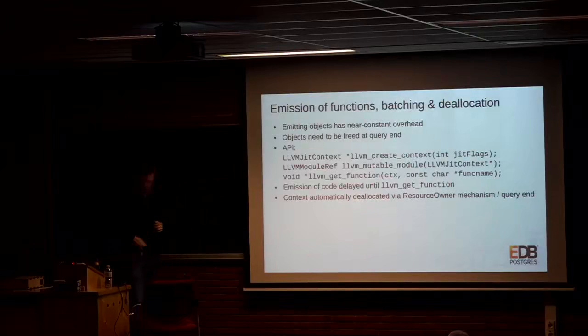And yeah. The API in Postgres to emit just-in-time code is the following. The first time a query wants to use some just-in-time compilation, and how it decides when to do that I'll come to in a couple of slides, we say, hey, we want to create a context for all the just-in-time compiled code that we have in this query.